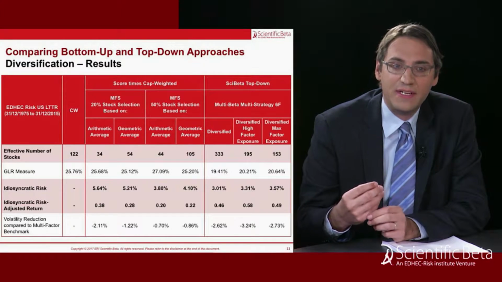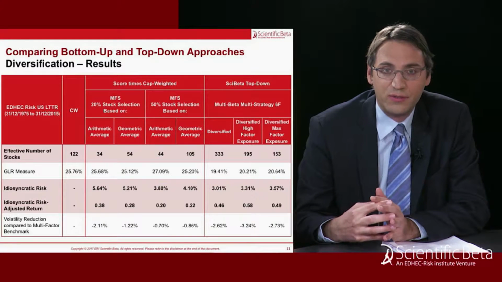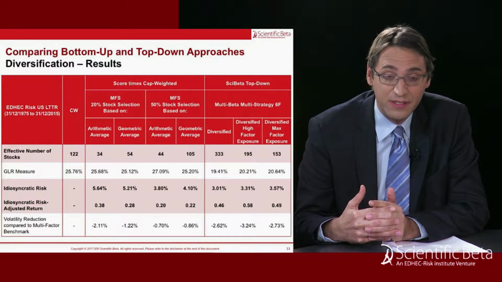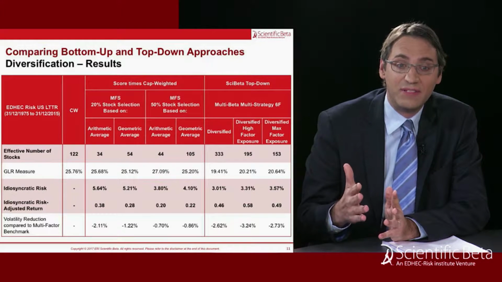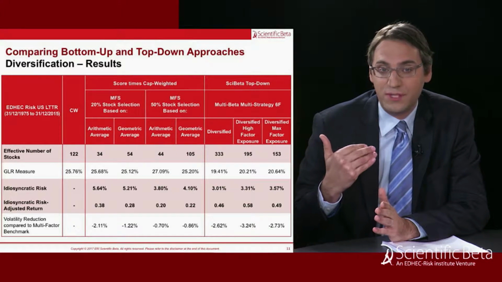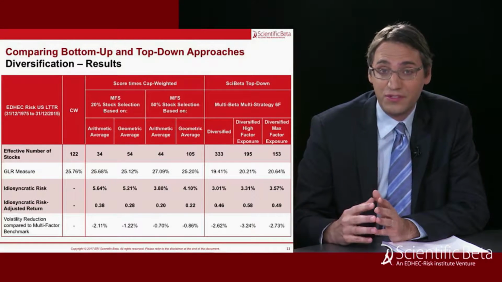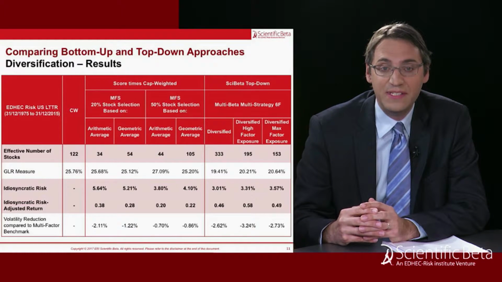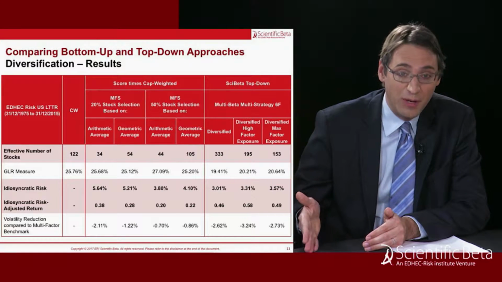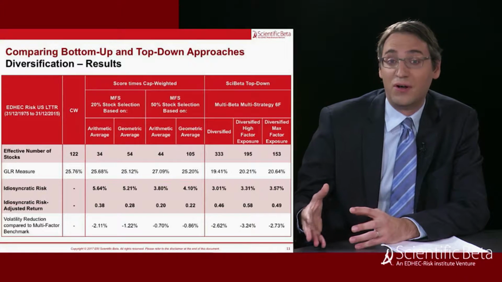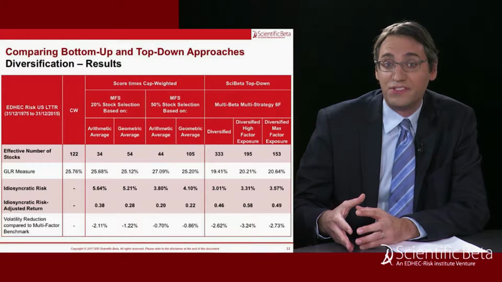You can see that there are quite high levels of idiosyncratic risk in the concentrated bottom-up approaches. If you look at the levels here, you have levels clearly above 5% for the most concentrated bottom-up indices. If you compare that to the top-down indices, they all have idiosyncratic risk levels in the order of 3%.